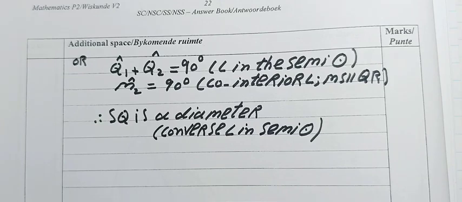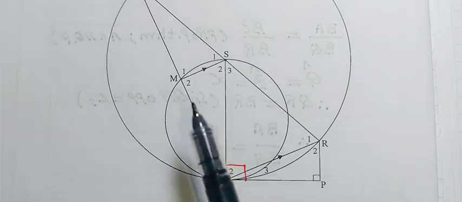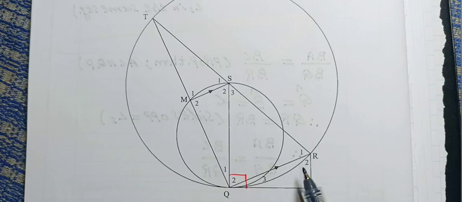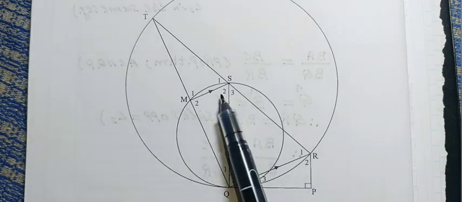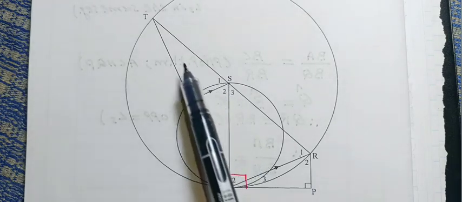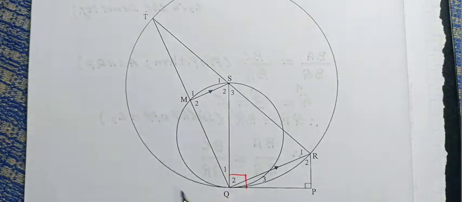I'll show you now. According to this method, MS is parallel to QR, so we can apply the proportionality theorem here. QR parallel to MS, QR the long base, MS the short line. So these TSR, TMQ are the proportional sides.